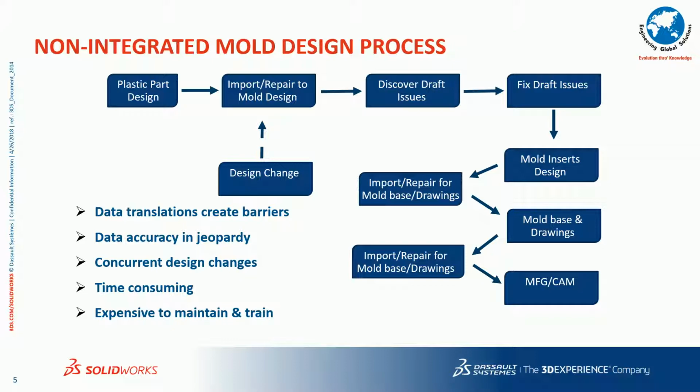Once a design change comes, you need to start again from the initial process and follow all these steps. It is a time-consuming process to do a single design in n number of days.